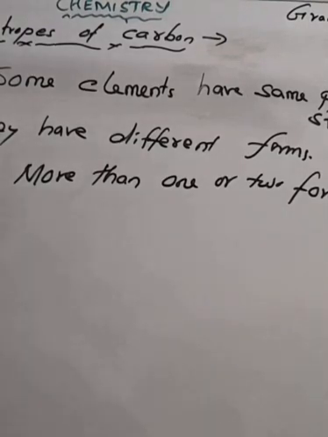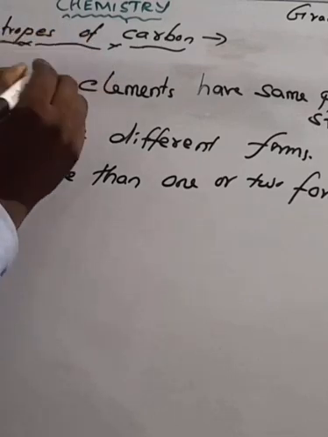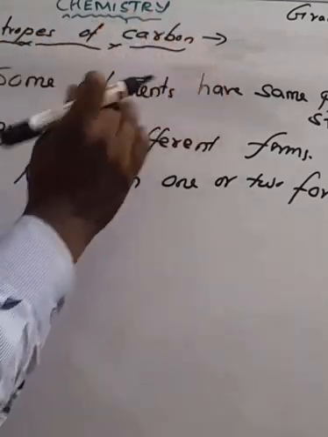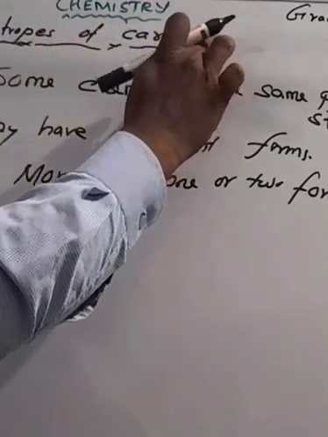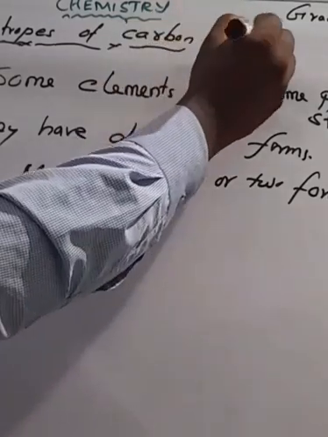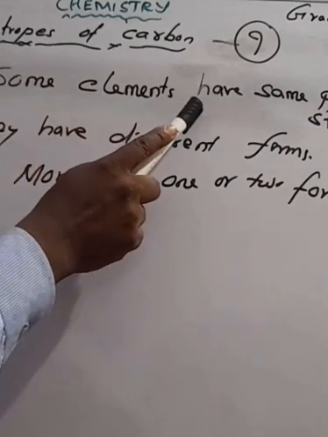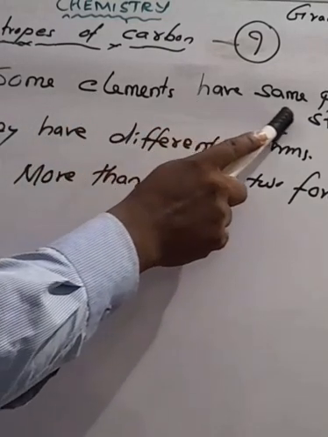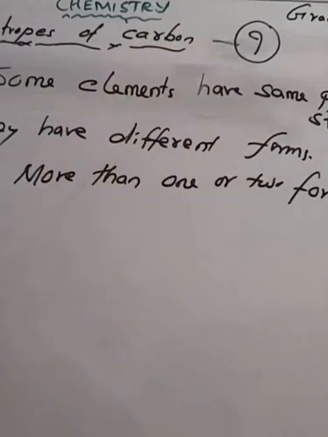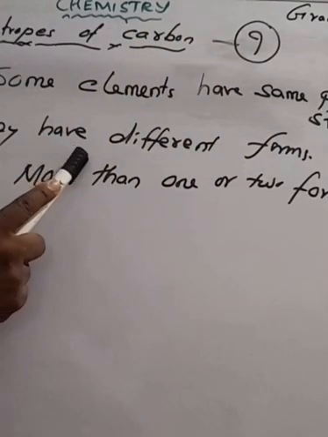Today we will discuss allotropes of carbon. What are allotropes? Some elements have the same physical state, but they have different forms.